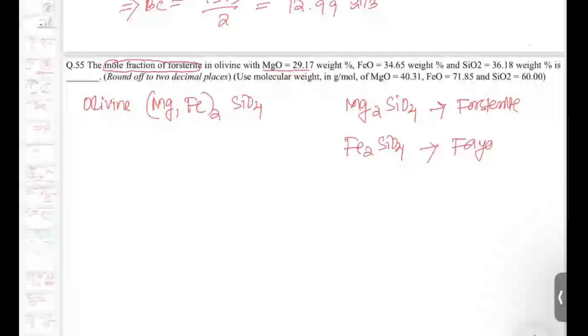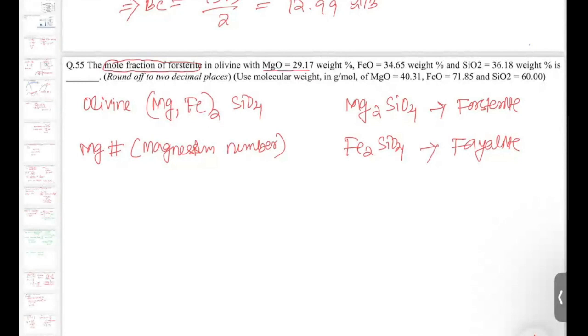There is a concept known as magnesium number. You can use this magnesium number as the percentage or fraction or the mole fraction of forsterite in the olivine. So whatever magnesium number comes, that will be your mole fraction of forsterite. Simple.